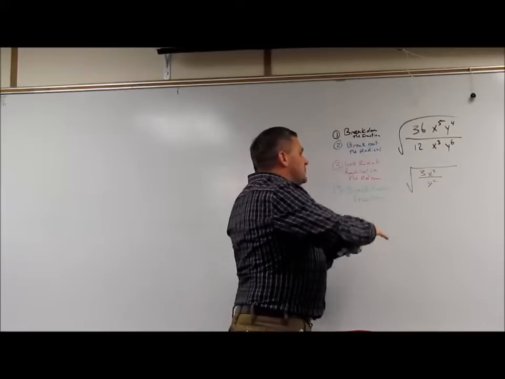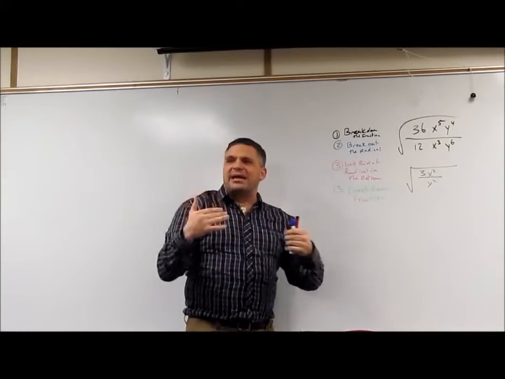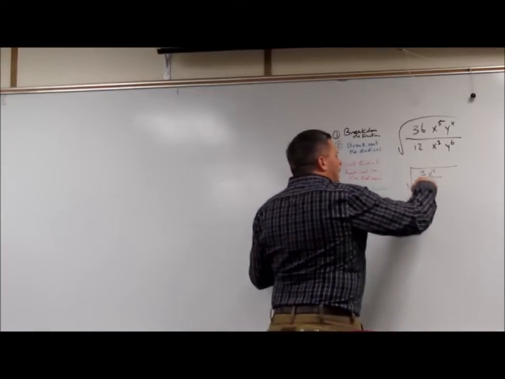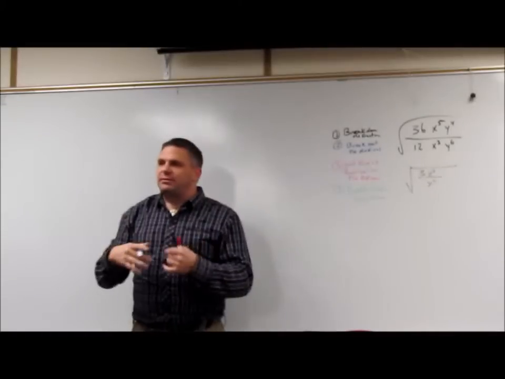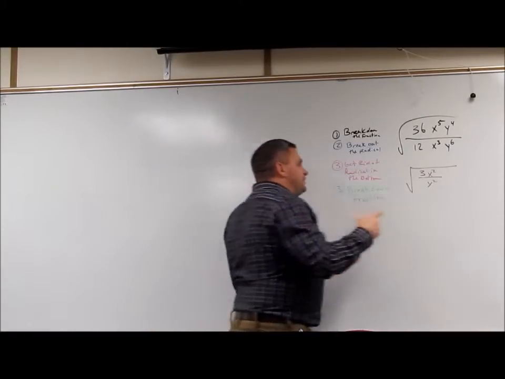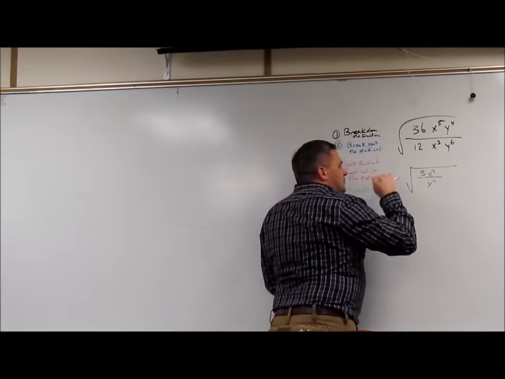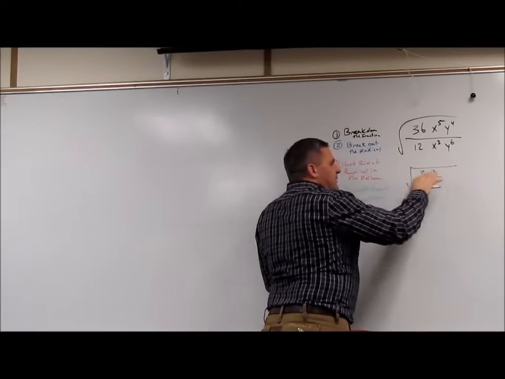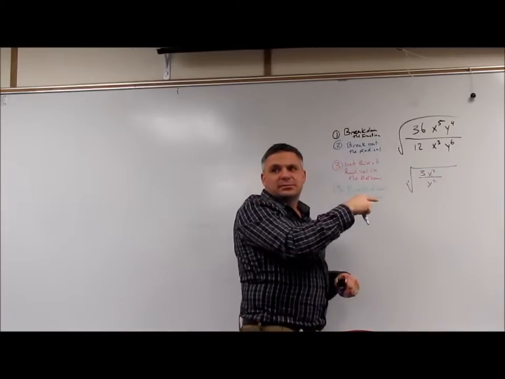And now, since we broke down the fraction, our next step is to break out the radical. I'm going to take any pairs. Now, can I break the 3 down any further? No. So what I'm going to do is break down the pairs of the 2 that go into the x.